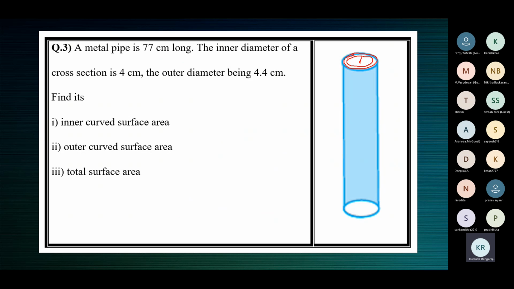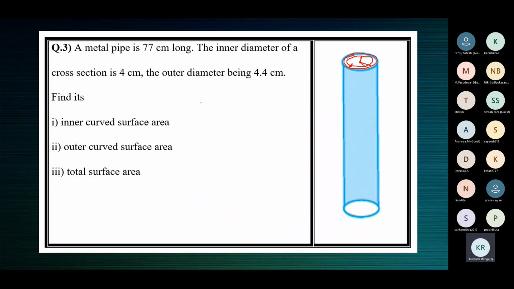So there is something called the inner radius, small r, and the outer radius, capital R. The difference between the two r's is the thickness of the wall. We've understood all this in the introduction to this chapter.